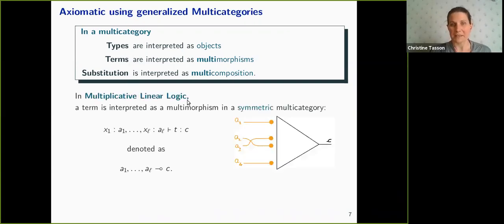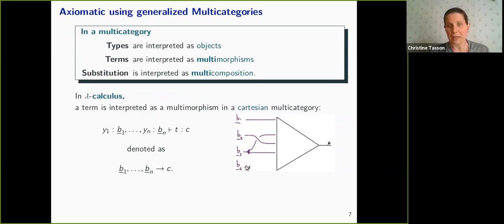So for multiplicative linear logic, a term will be interpreted as a multimorphism in a symmetric multi-category. So graphically, that means that this T will be interpreted as an operation with a sequence of inputs. And I have an action of the symmetric group on these inputs. That means that I can exchange the order of the types here.